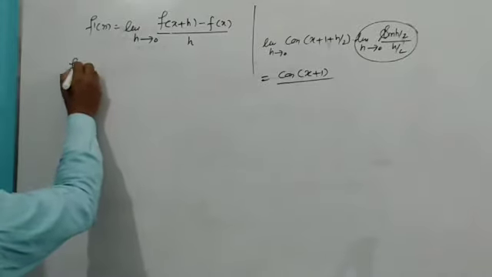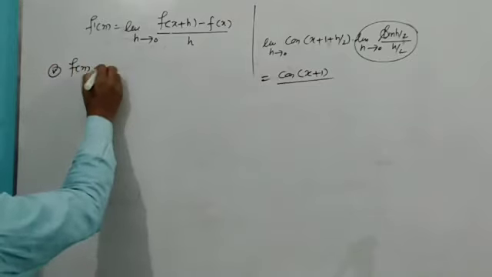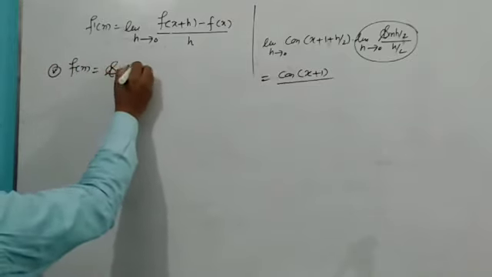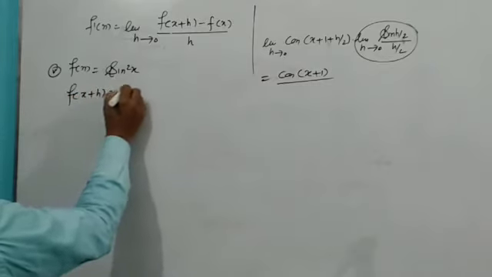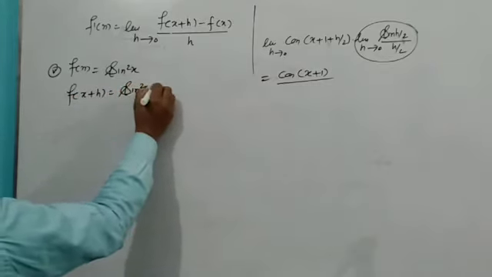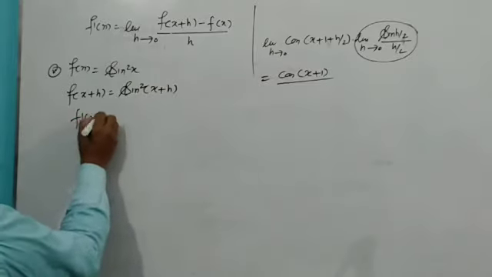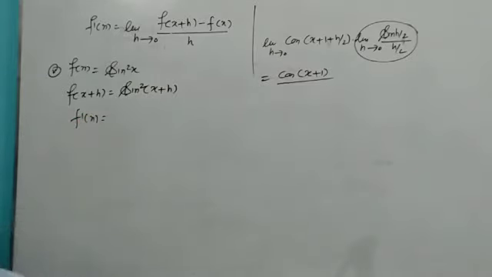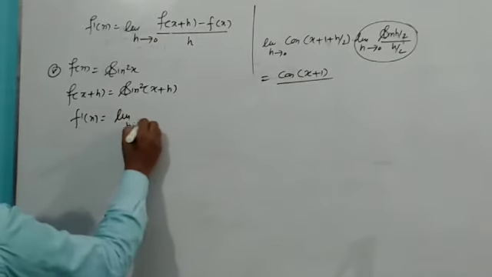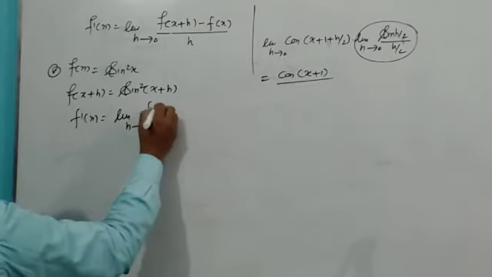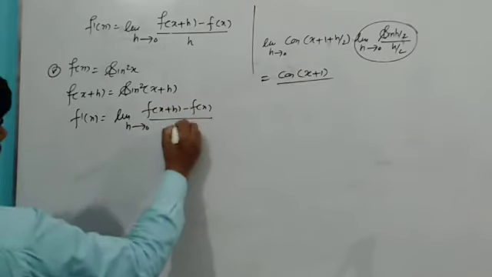Here I have f(x) equal to sin²x, the fifth part of this question. Definitely f(x+h) can be written as sin²(x+h). If I want to find f'(x), I may write the limit as h tends to 0 of [f(x+h) minus f(x)] upon h.